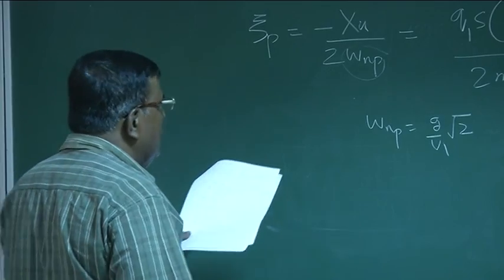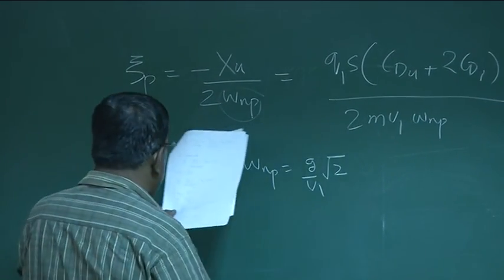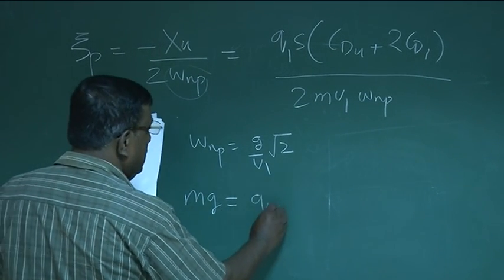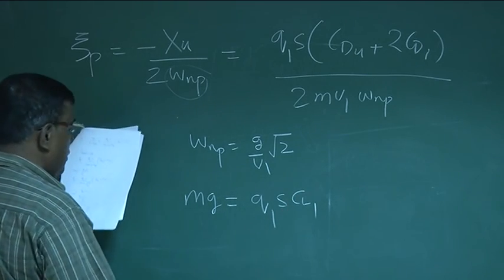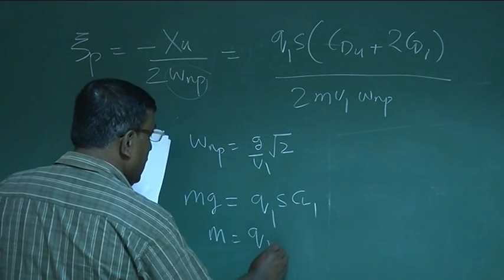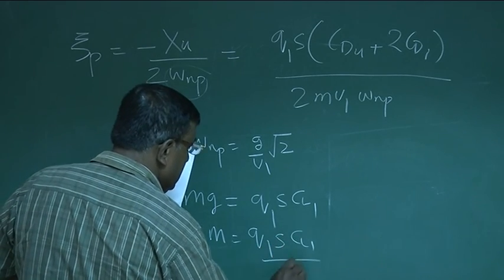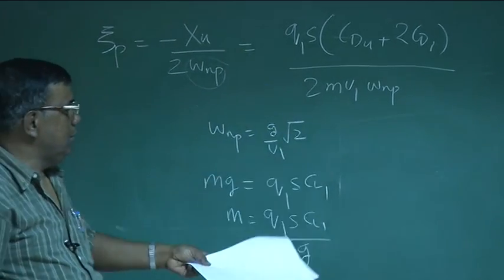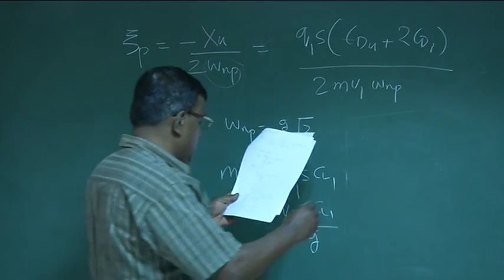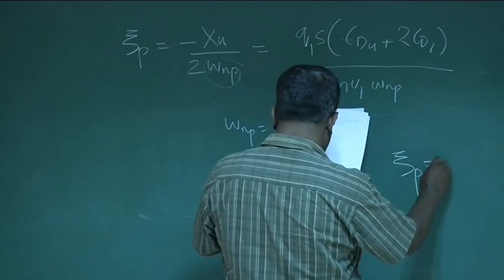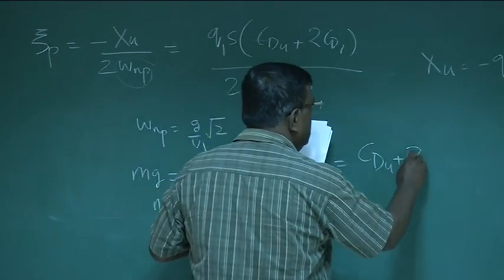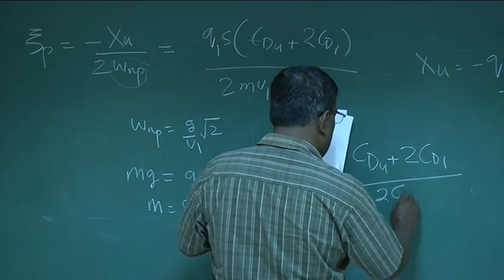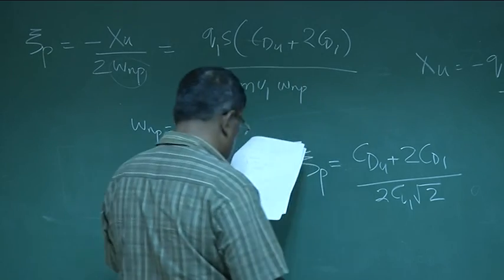Now when omega n P is this, if I substitute here, and also write m as Q1 S CL1 by g, I get zeta P, a very important relation, as CDU plus 2 CD1 by 2 CL1 root 2. Okay?